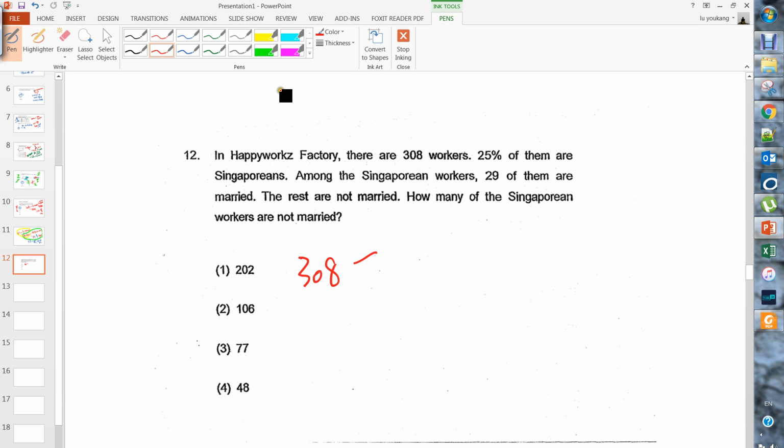So that means percentage to fraction. Or we go to decimal first. 0.25 is also equal to the fraction 25 divided by 100, right?